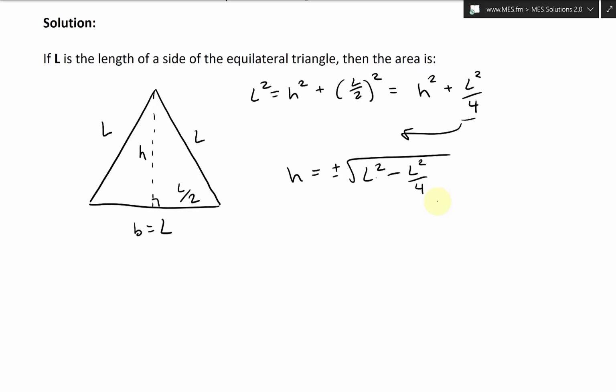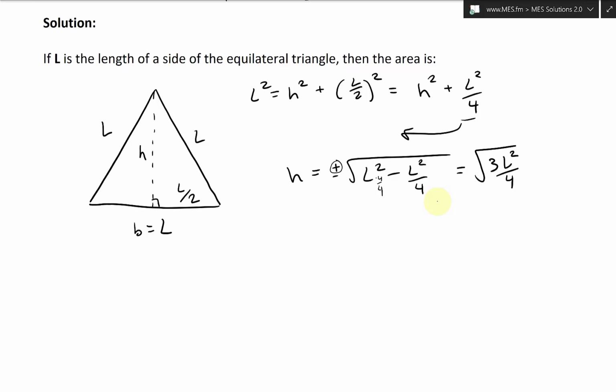I always put the plus or minus because technically it is there on the square root, but we only take the positive. Four minus 1 is 3, so we'll have 3L squared over 4.